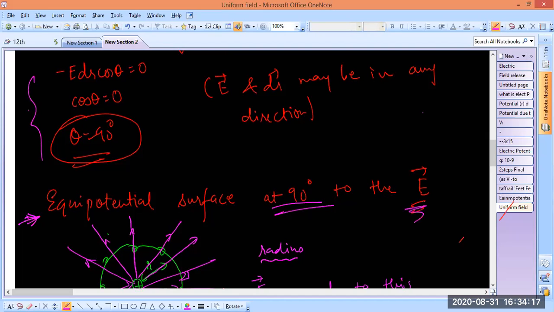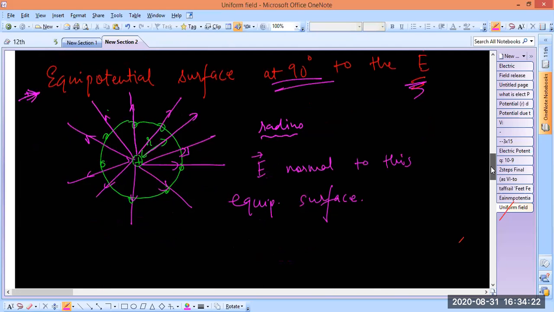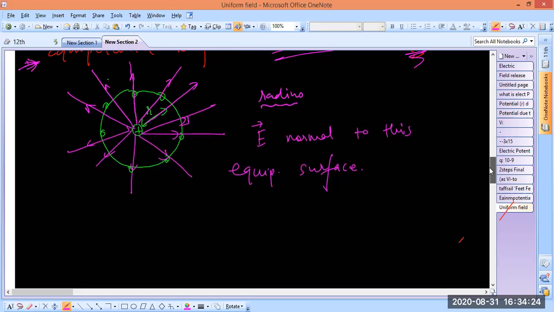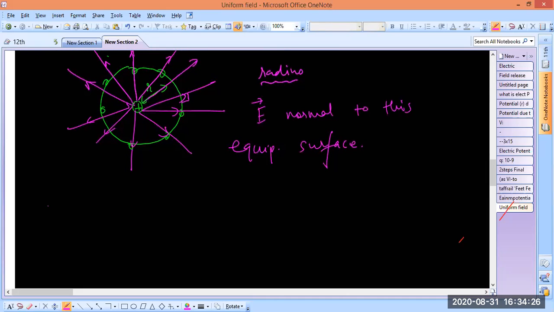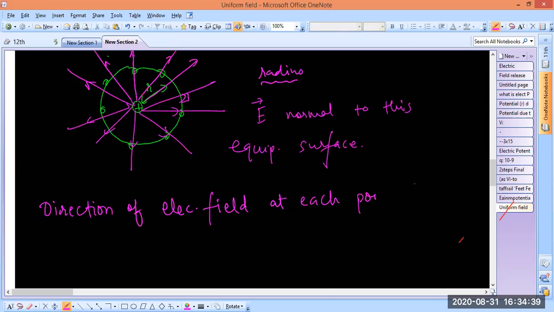All right. Now based on this, you can actually talk about the direction of electric field. You can say that the direction of electric field at each point is normal to the equipotential surface, right?